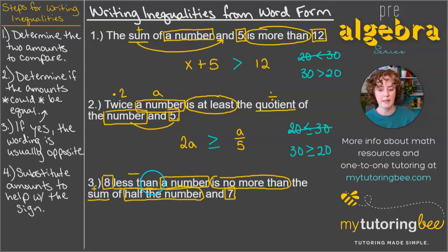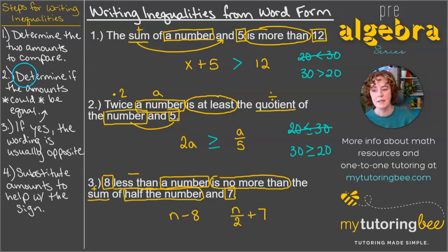Whenever we have the wording "less than," that means we are taking away 8 from whatever that second amount is. So I'm going to use n for my variable, and then we are taking away 8 from that. Then I'm going to leave my space here for my inequality symbol. The sum: I know I'm adding half the number, so I'm just going to write n over 2 and 7. So we're adding those two amounts.